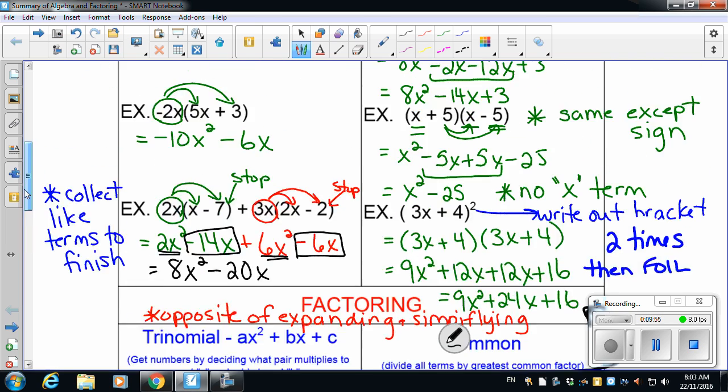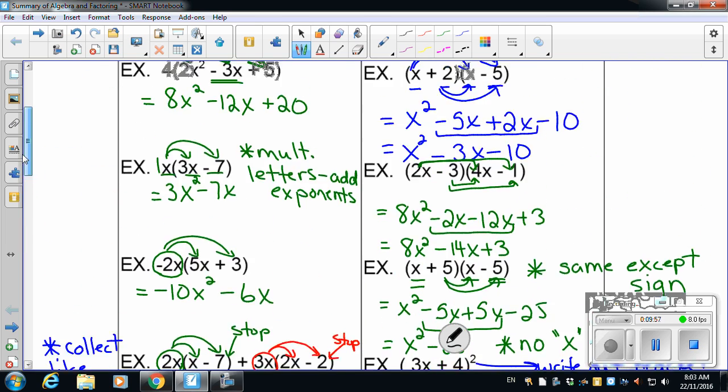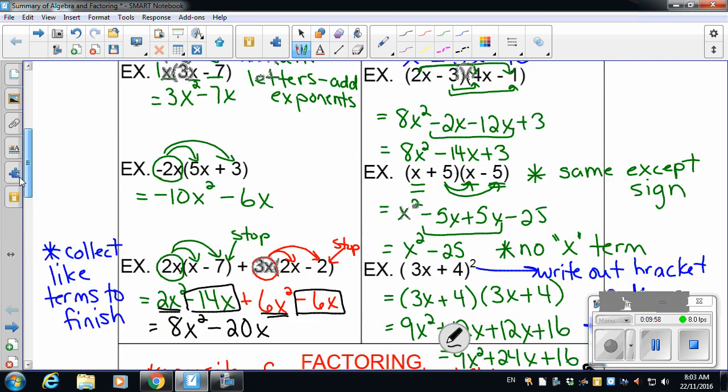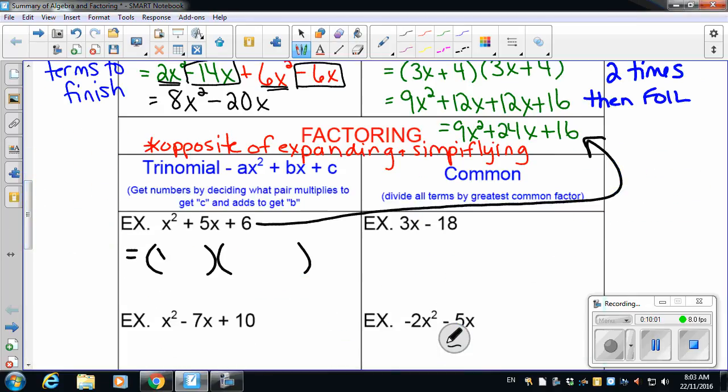And if you look at our FOIL question, every bracket has an x at the beginning. And then we talked about in our notes, to figure out the rest of the brackets, we want to know what multiplies to get that number, and those same numbers have to add to get that one.